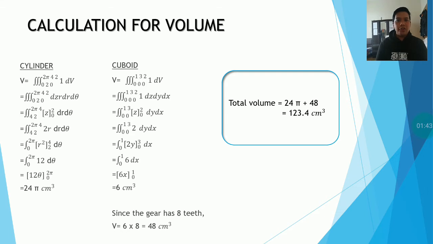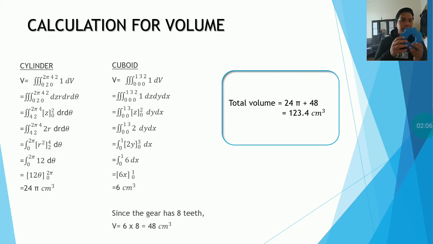So first, for the volume of the cylinder of the gear, I use the cylinder method of integration, using the formula V equals triple integral 1 dV.